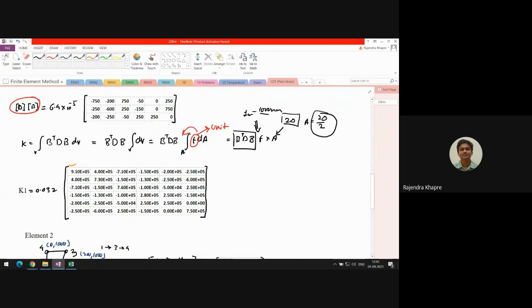If you refer to the K1 matrix, this much portion is for node 1, this much portion is for node number 2, and this much is for node number 3.